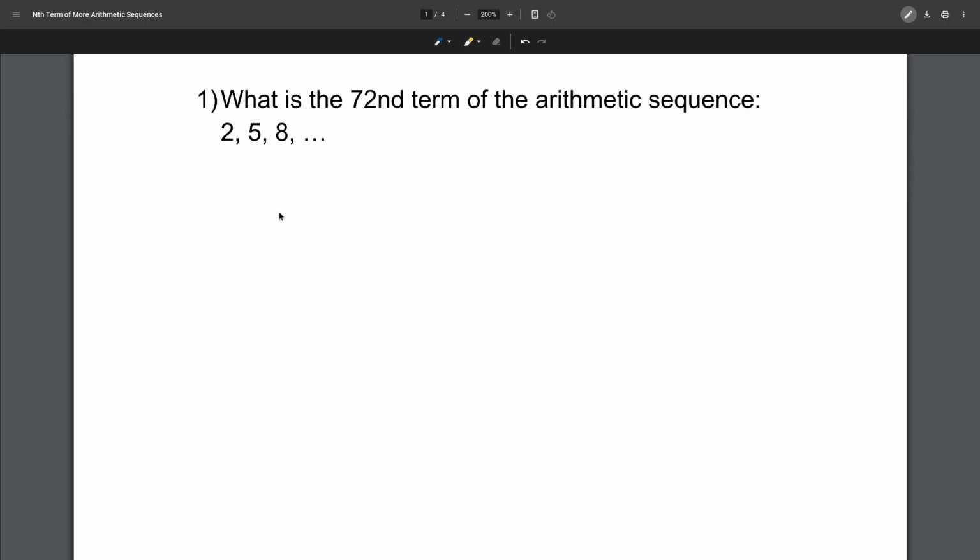Okay, so there is a formula for this, and the formula is a sub n, I'll explain what this means in a moment, equals a sub 1 plus n minus 1 times a difference d, a common difference d.